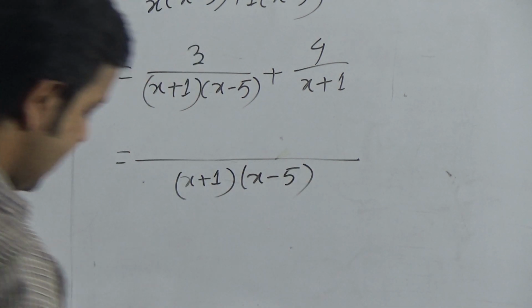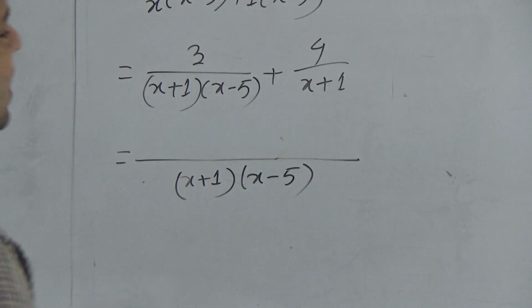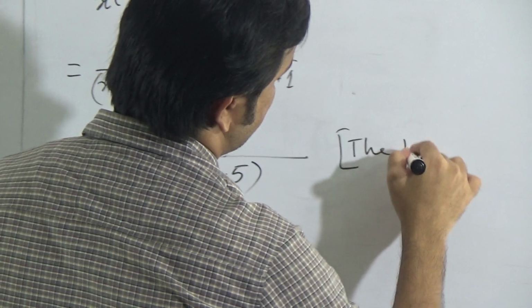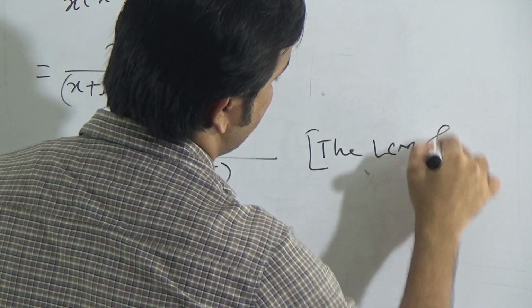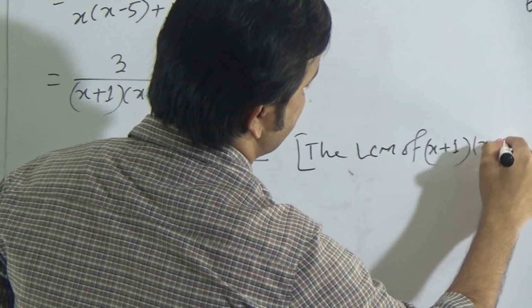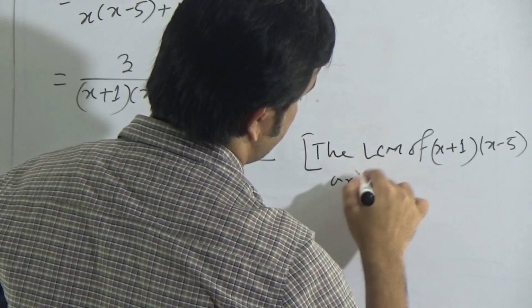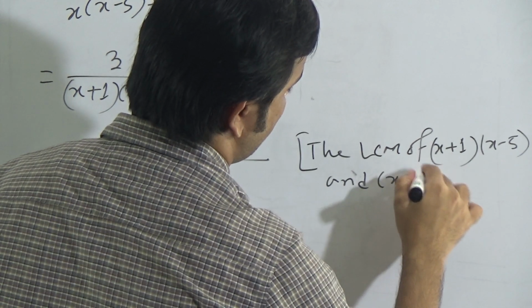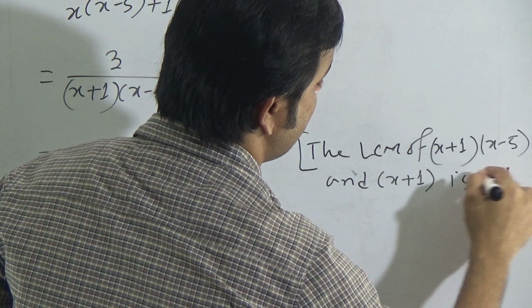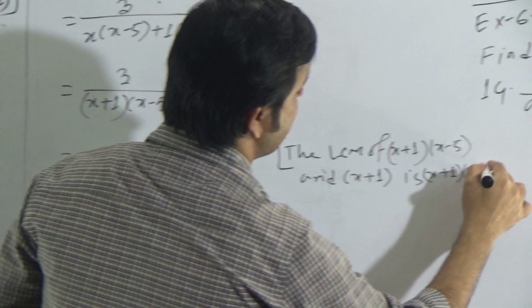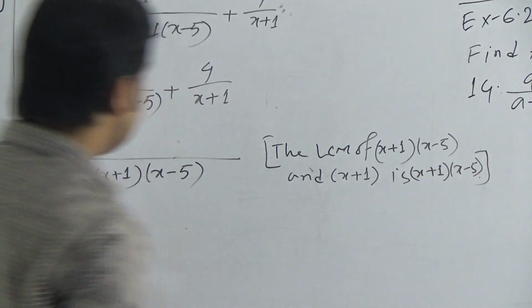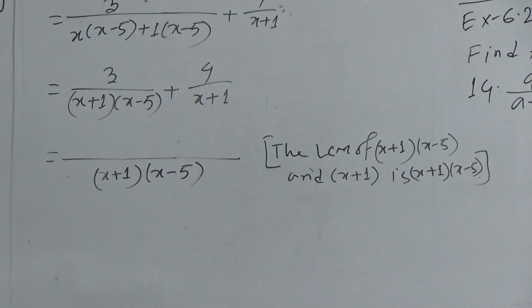We can write the LCM of x plus 1 into x minus 5 and x plus 1 is x plus 1 into x minus 5. This is the LCM of the denominators.